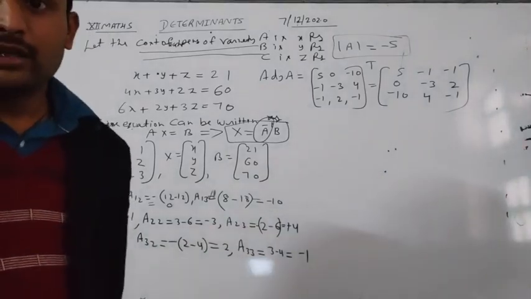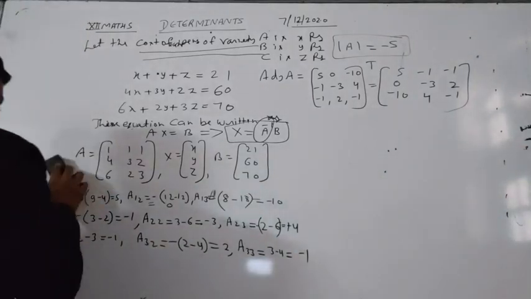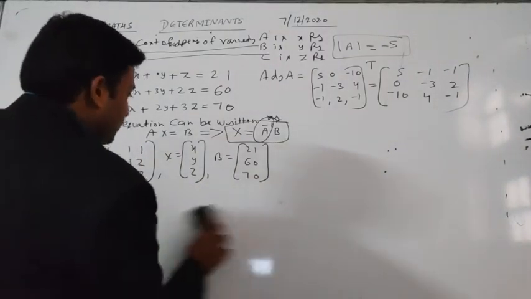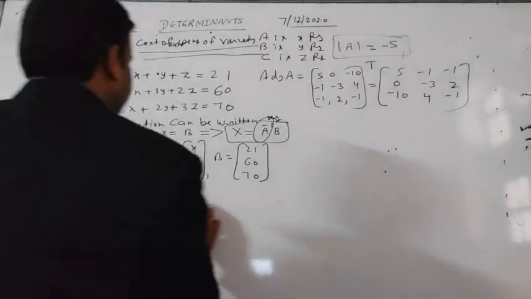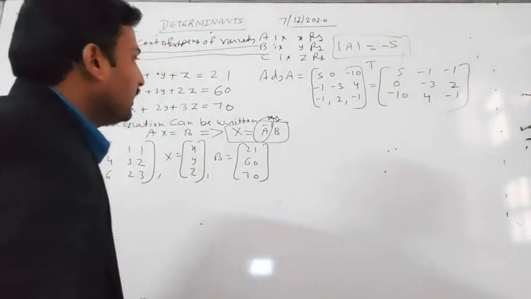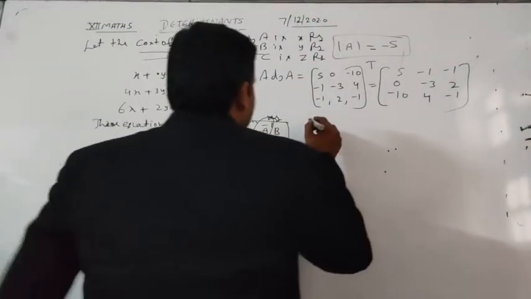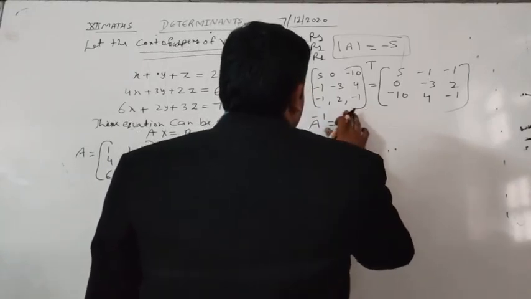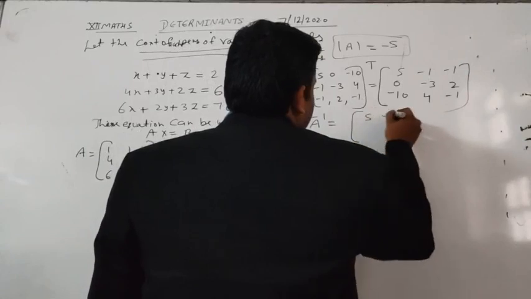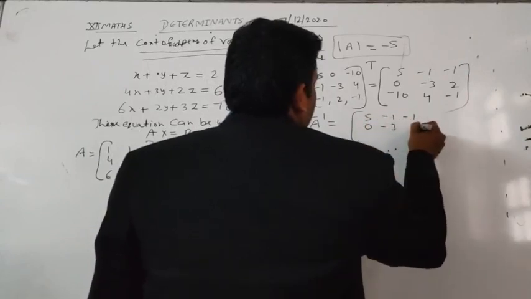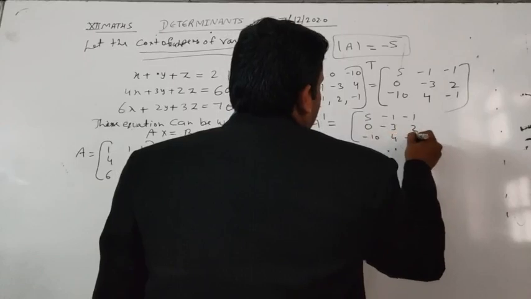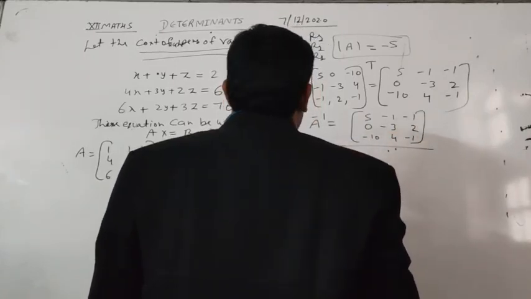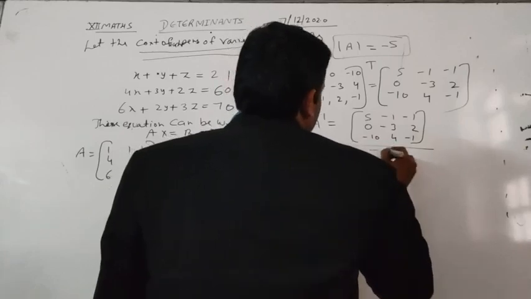Now students, after getting our adjoint, we will write our A inverse. A inverse is the adjoint of A divided by the determinant of A. The determinant of A is minus 5.